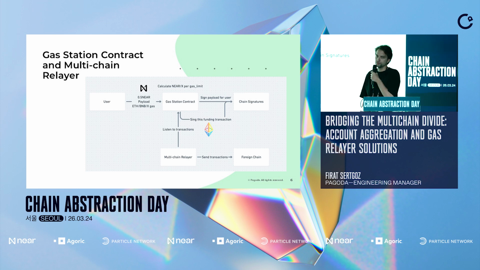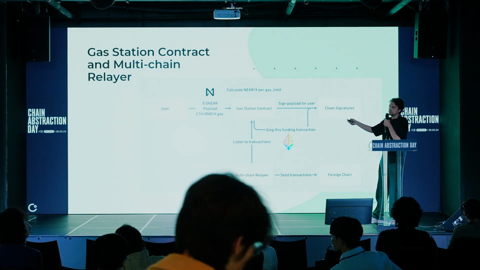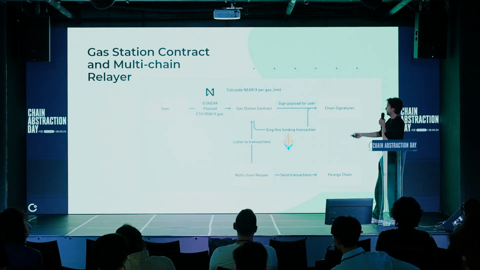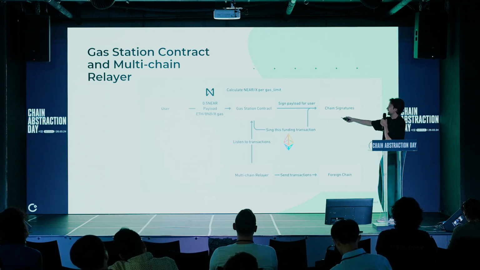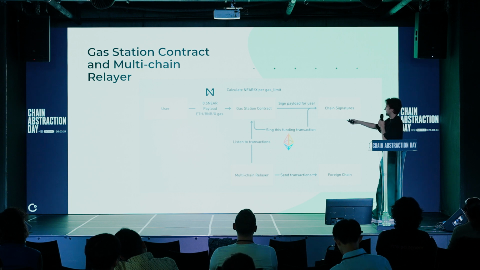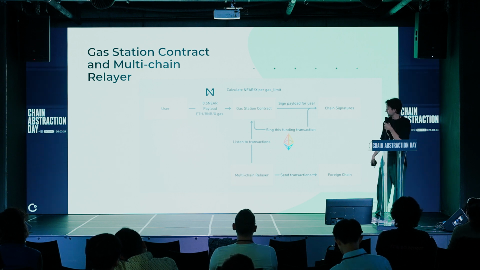The gas station contract right now is almost like a market maker of some sort, where it calculates how much NEAR it would want in terms of how much X per gas it will give you. If it finds it feasible, it sends the user's payload to chain signatures, and it also sends a payload that says it will fund this transaction on the ETH side.